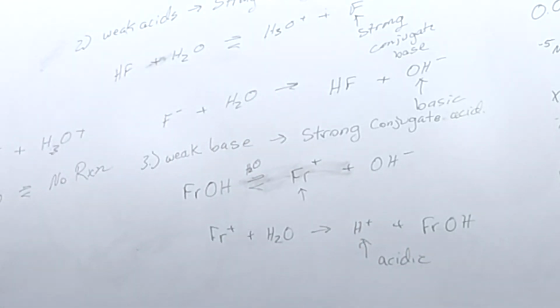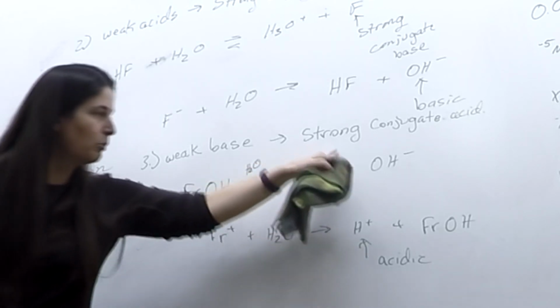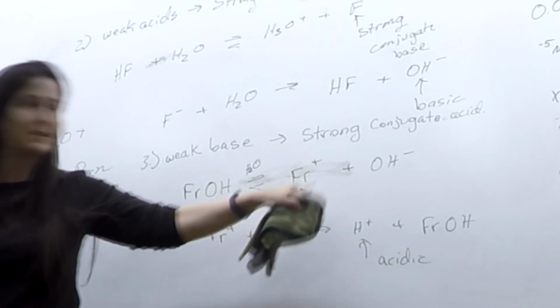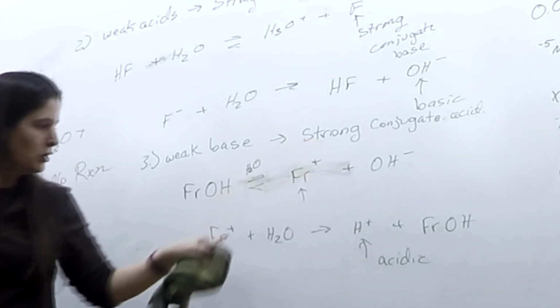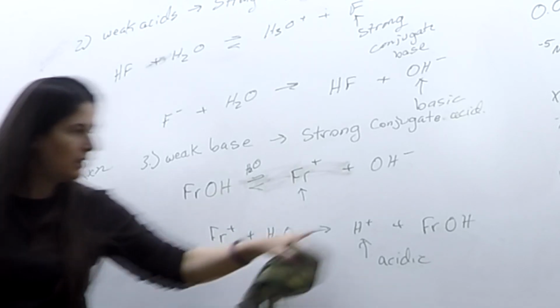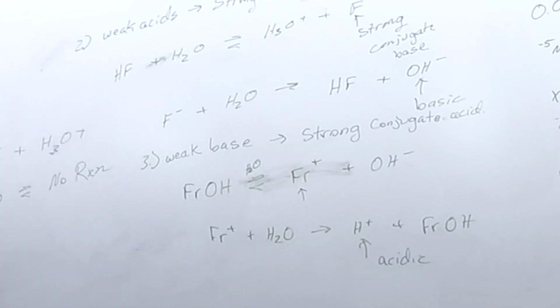There you go, there's an example. I don't know if it exists, but it works, so we'll use it. If this one breaks out and makes that ion, that's what we're worried about, that's what's going to make our salt. It's not this one, it's this one here. If it will react with water when it's created, and it will reform and make that base there, you will get an acidic solution from a weak base.